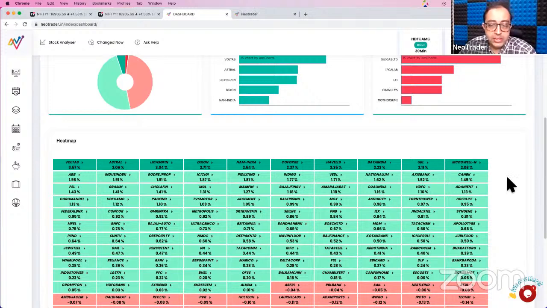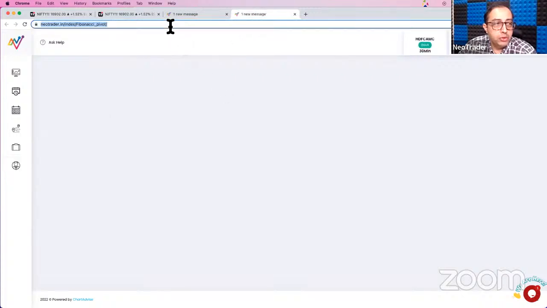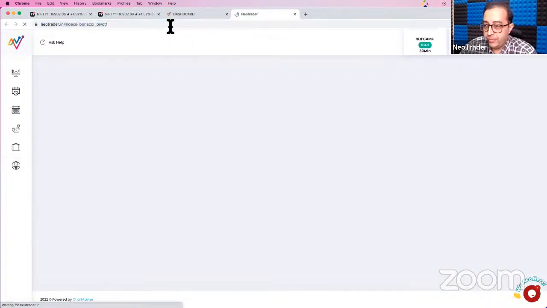So what we'll do is take help of another beautiful page in NeoTrader called pivot points using Fibonacci. There is a dedicated page in NeoTrader where we have got various types of pivot approaches, and we are going to show you how to use Fibonacci pivots.